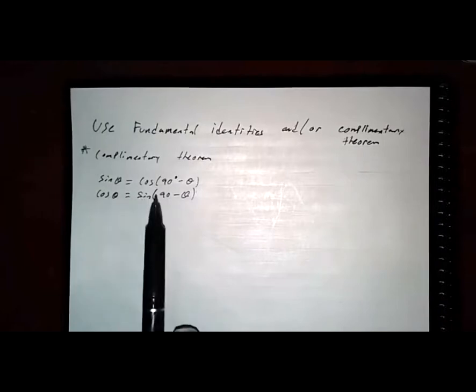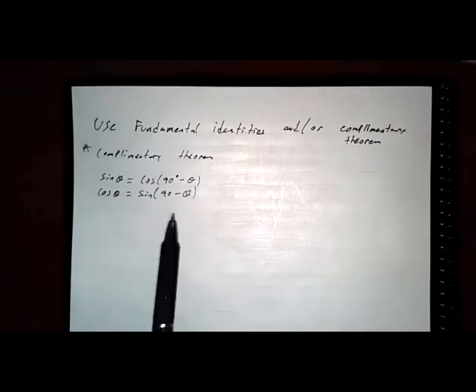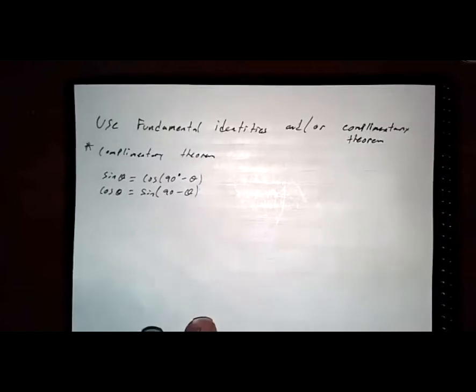So you can shift back by just subtracting whatever angle is in here from 90. You can change it. Okay. We may also need the Pythagorean theorem, or Pythagorean identities we did.